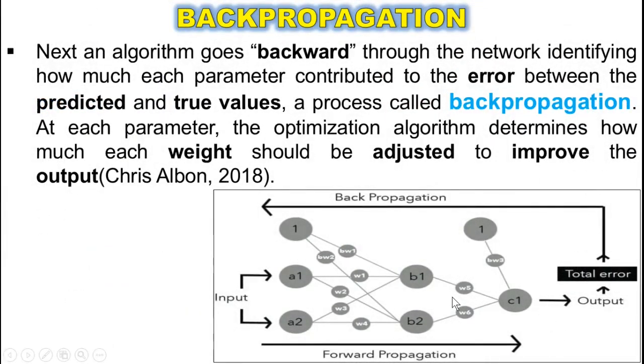Next, an algorithm goes backward through the network, identifying how much each parameter contributed to the error between the predicted and true values, a process called backpropagation. At each parameter, the optimization algorithm determines how much each weight should be adjusted to improve the output.